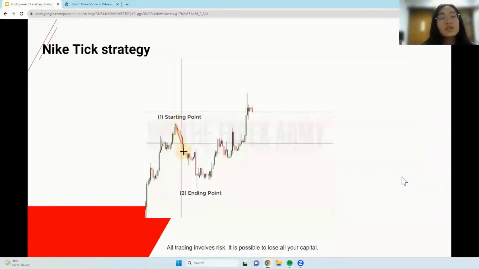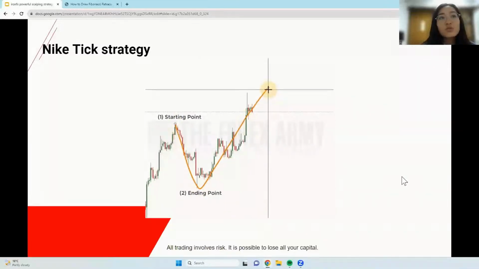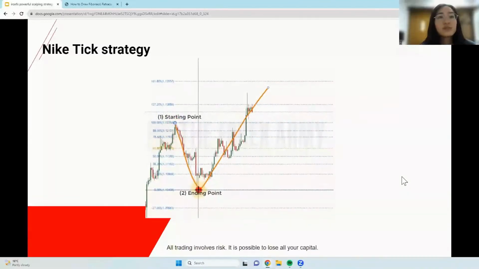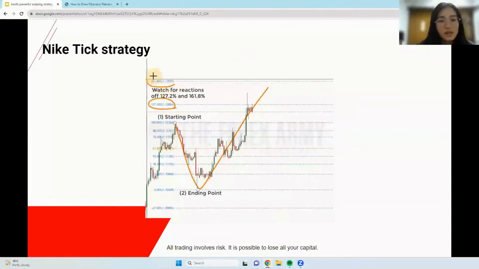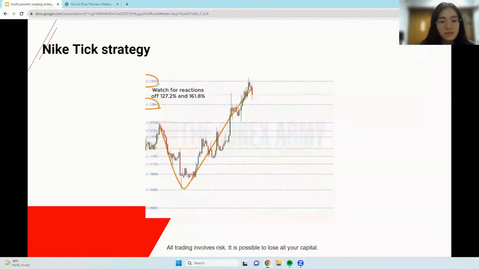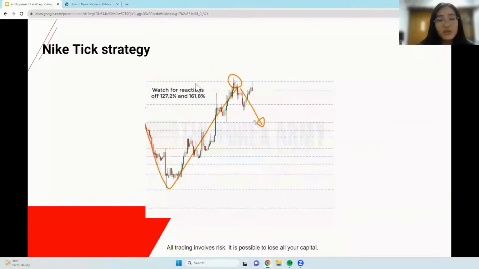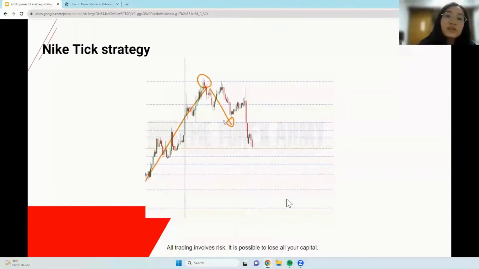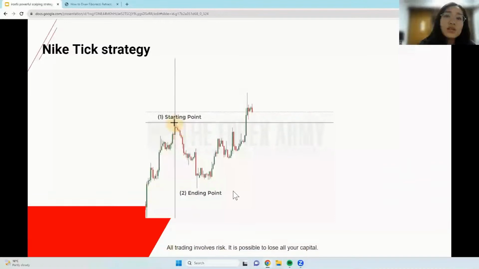Here's what we are looking out for when we are using this technique or strategy. We're watching for the reactions off of the 127.2 and 161.8, and we're expecting it to reverse off.